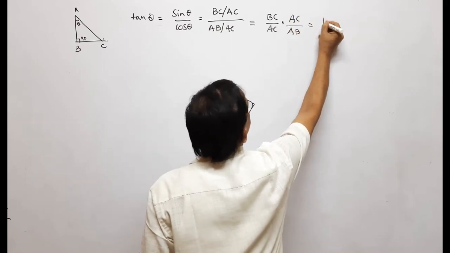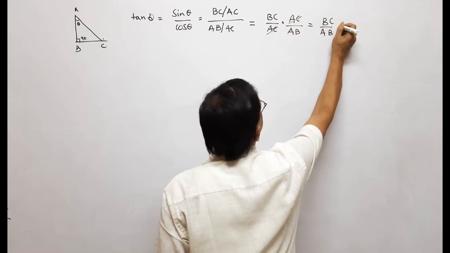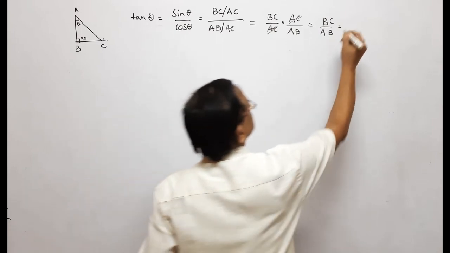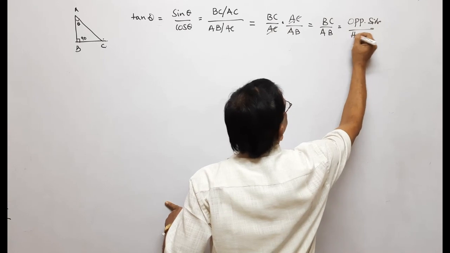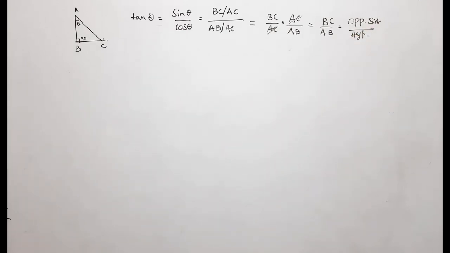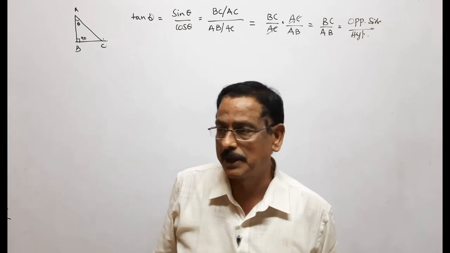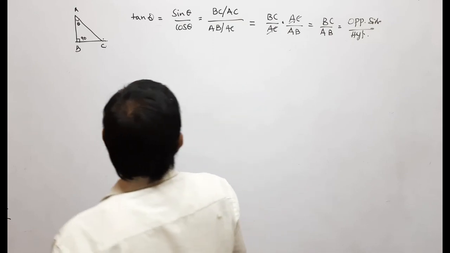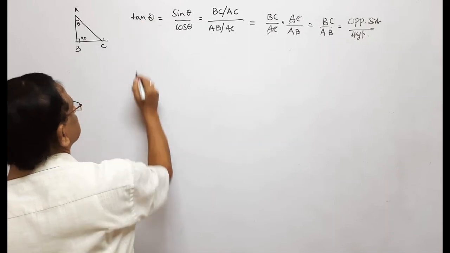So you get BC by AB, which is opposite side by adjacent side. So with two trigonometric ratios, I am defining another ratio called tangent or tan theta. So I know sine theta, I know cos theta. So sine theta by cos theta is nothing but tan theta.